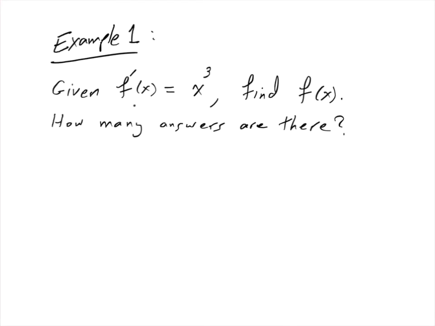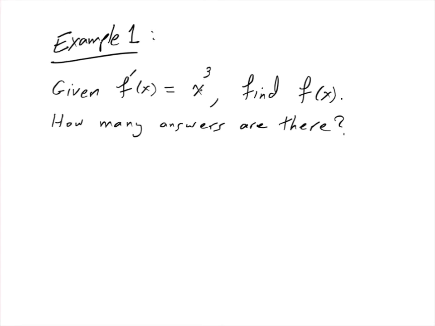F prime, the derivative, is given. It's x cubed. We want to find f of x. And there is also a question: how many answers are there? So think backwards. What function, if you take its derivative, would give you x cubed?